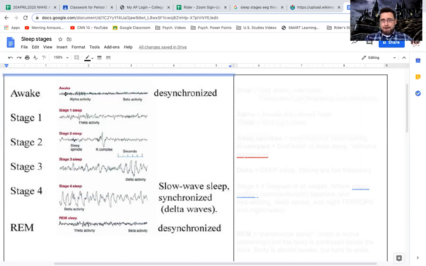All right, let's go down here to the larger waves. We're still talking frequency of brain waves. Okay, this brain wave down here, we can see horizontally that the waves are more spread out. Okay, ignore the height of the waves for a second. We're just looking horizontally. See how there's a lot of space between the waves? We can imagine the needle on the EEG was moving pretty slowly to make this wave.